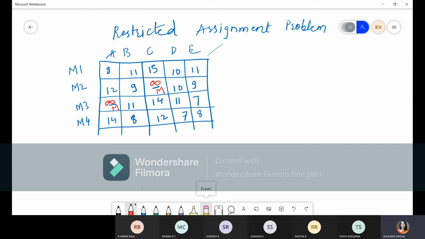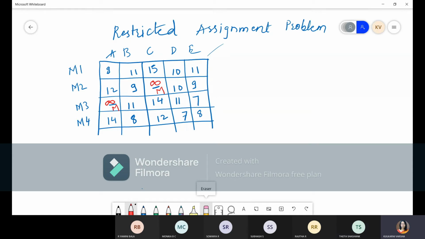Once you treat the dash as M or infinity, the remaining process is the same: we need to apply the Hungarian algorithm. The only thing to understand is that this is not a balanced assignment problem, because the number of columns is 5 and the number of rows is only 4.